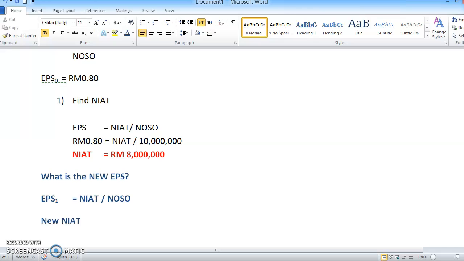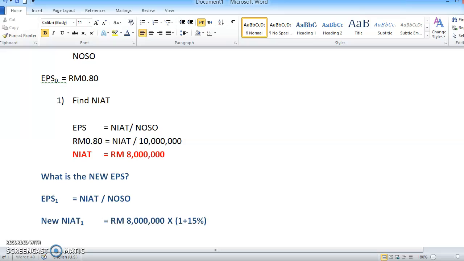Net income after tax satu ni berapa, right? Okay, so what you have to do adalah dengan mendarab dengan kenaikan the previous 8 million, okay, so kita kena darab dengan kenaikan sebanyak 15%, plus 15% lah. Okay, so you will get the answer.